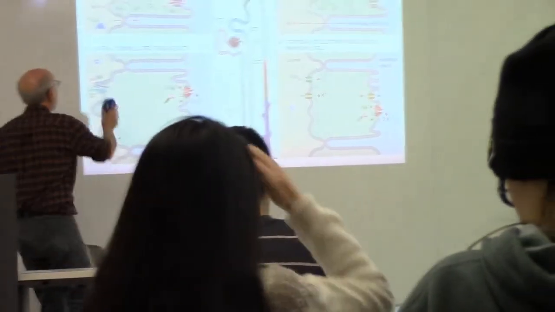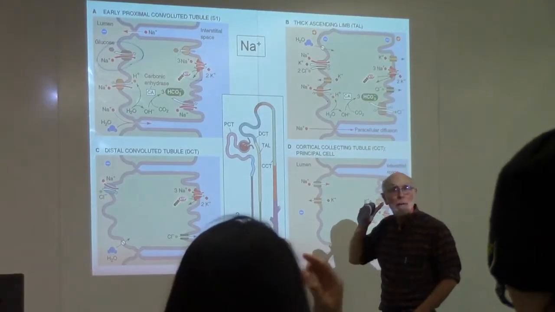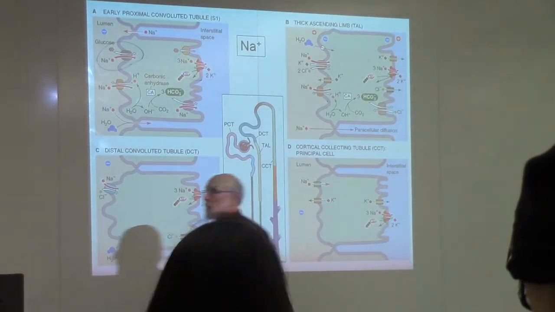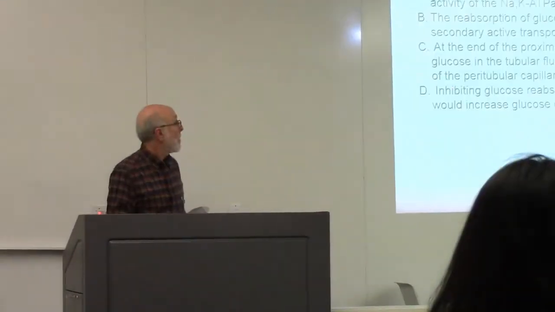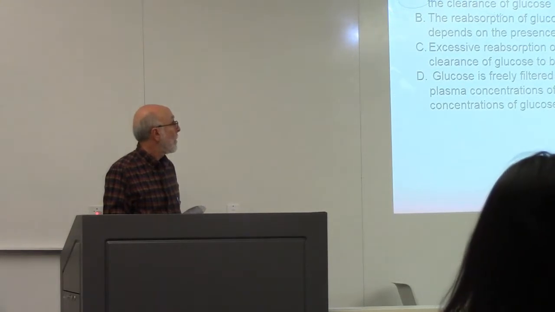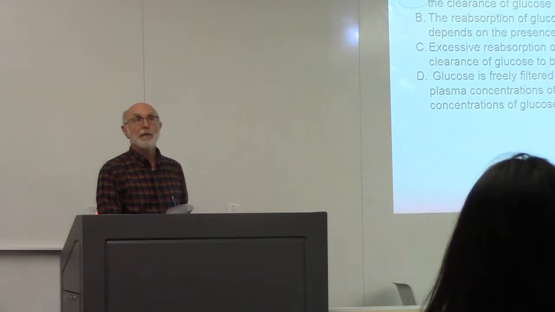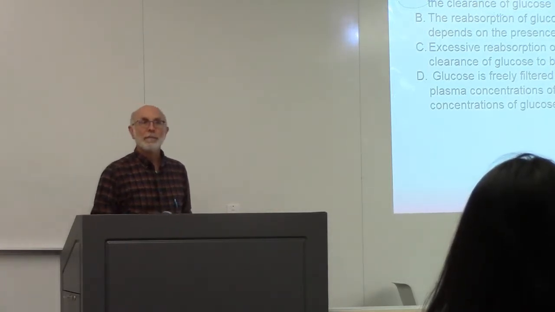Question? Could you come back to the clicker that you just used? The clicker that we just had? For answer B, what do you mean by tubular fluid? Tubular fluid is urinary fluid, the fluid inside the tubules.